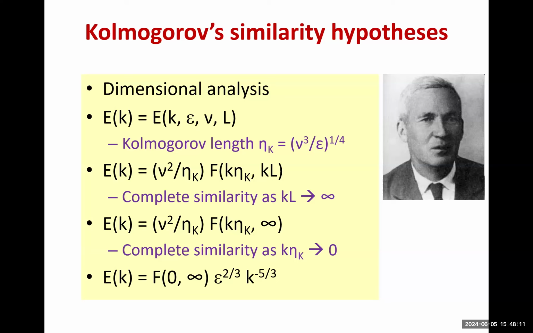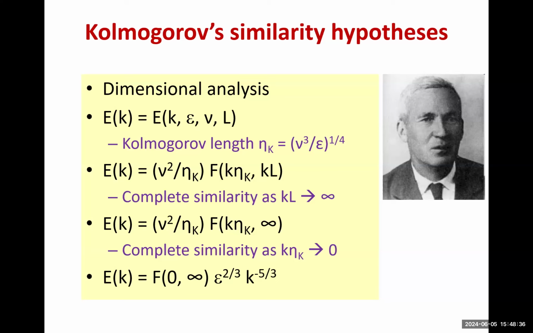L is a length, k is a wave number, so k L is dimensionless. And this thing over here is the quantity that has dimensions of kinetic energy. So the dimensional analysis says that if you have a theory of turbulence, it will produce a formula like this, and the theory of turbulence will tell you what this function is.